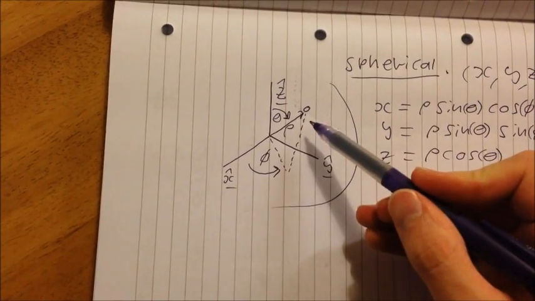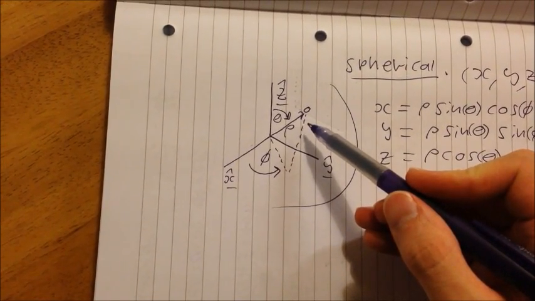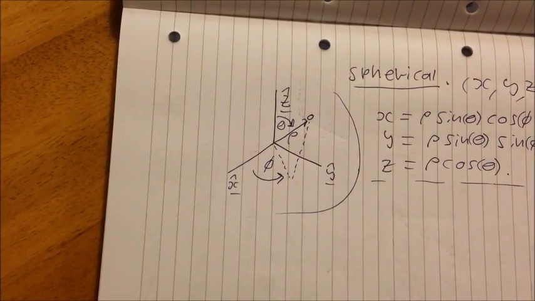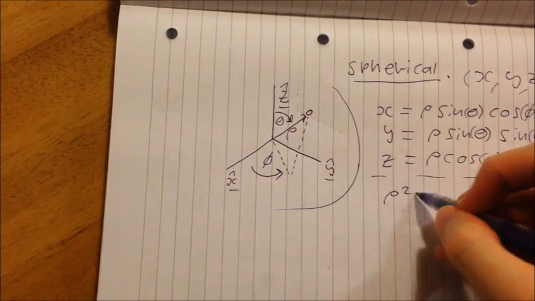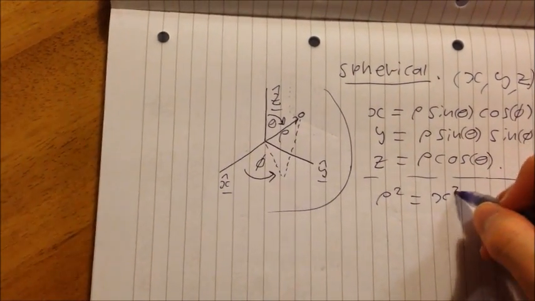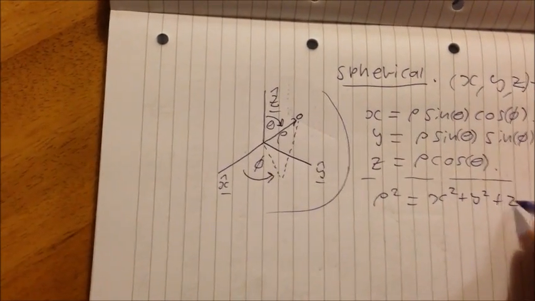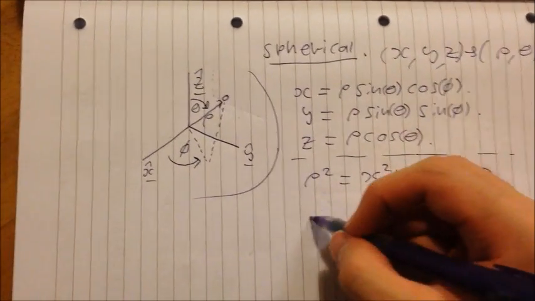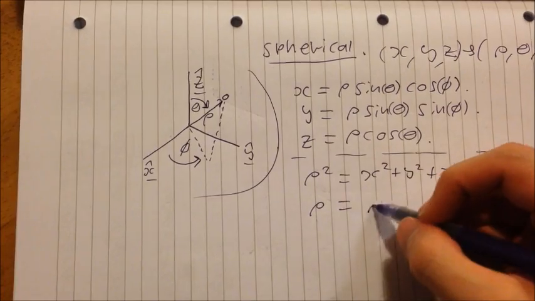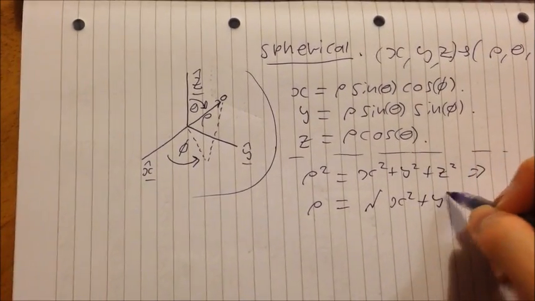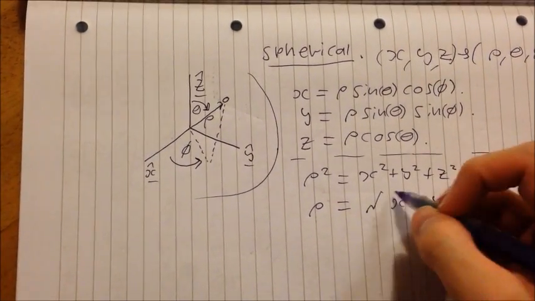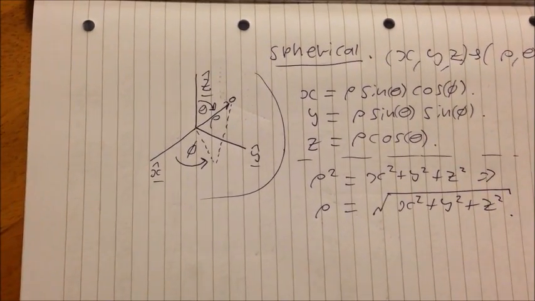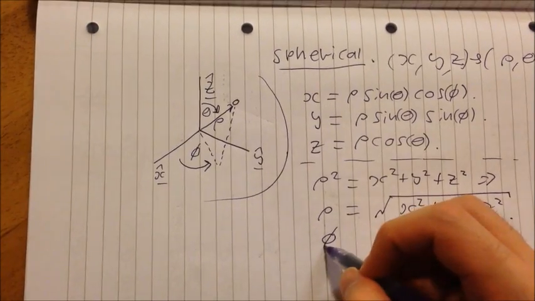So to get rho, it's kind of like Pythag, but with an extra dimension. So rho squared is equal to x squared plus y squared plus z squared, which implies that rho is equal to the root of x squared plus y squared plus z squared. Okay, next let's get phi.